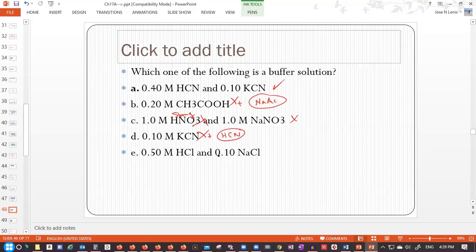We have an acid and the salt of the acid. Is this a buffer? You may say yes, but no, it's not. Why not? Because this is a strong acid. Strong acids and strong bases cannot work as buffers. So no. You see the analysis? Critical thinking. All right.